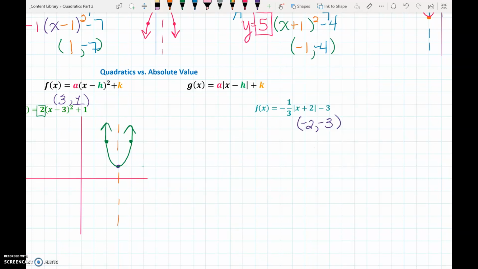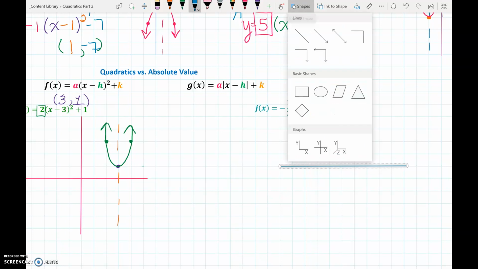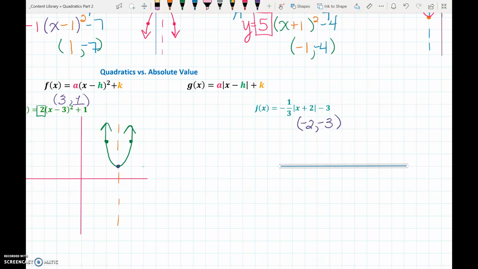So -2, -3. So I don't need a whole lot of room. Oh, and my A term says it's going down. All right, so I want more room in the bottom half of my graph. Okay, so -2, -3. Beautiful.